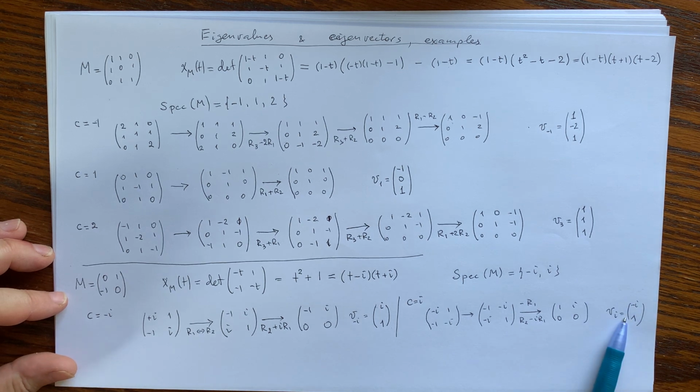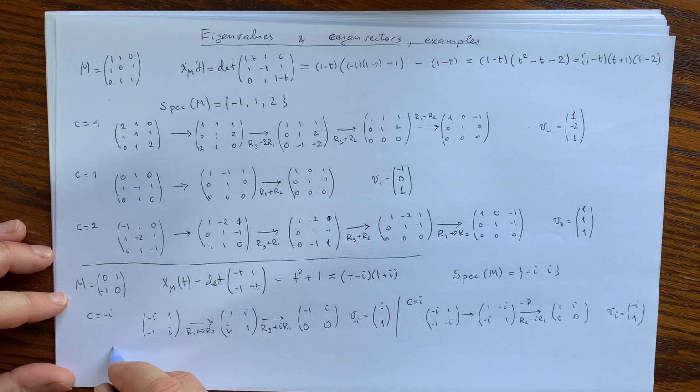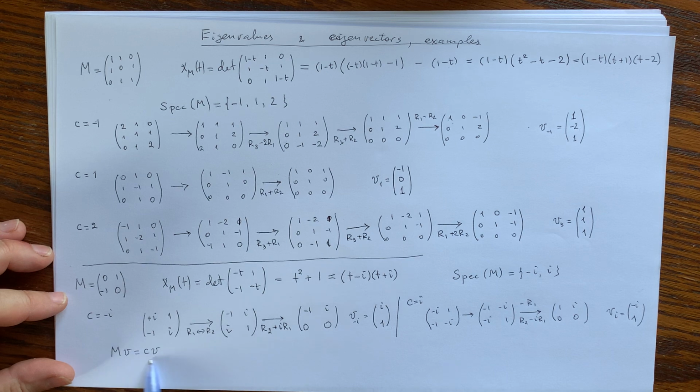But I could have written this answer straight away, knowing this answer for the eigenvalue -i. Because my matrix is real, so if I'm looking at the eigenvector equation, which says M times vector v is equal to c times the vector v, I can conjugate this equation, meaning I'm conjugating all the numbers in the ingredients of the equation.